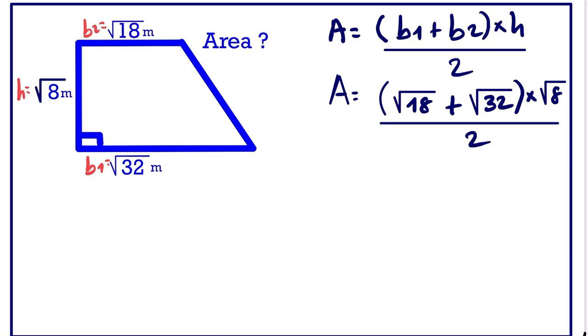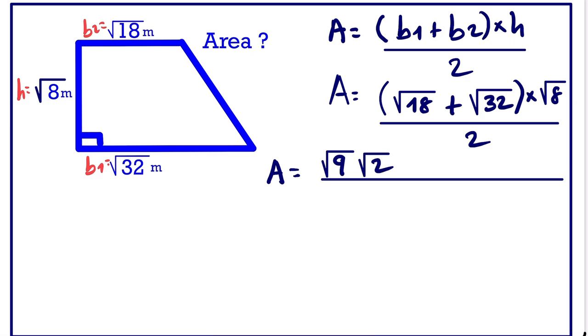So we can simplify the bracket first. If we look for perfect square numbers, root 18 is the same as root 9 times root 2.